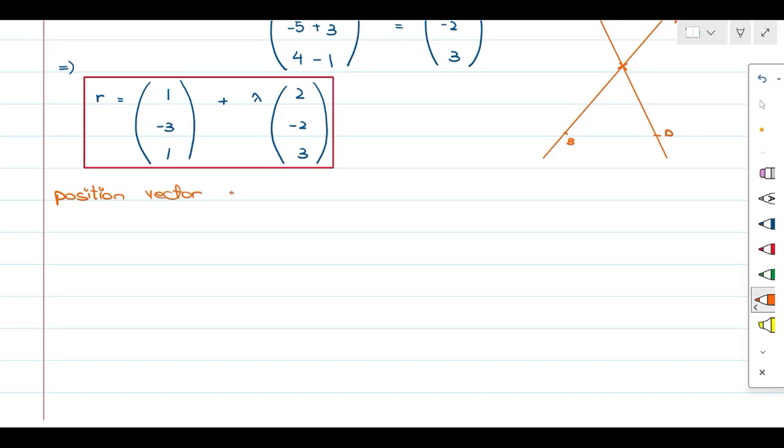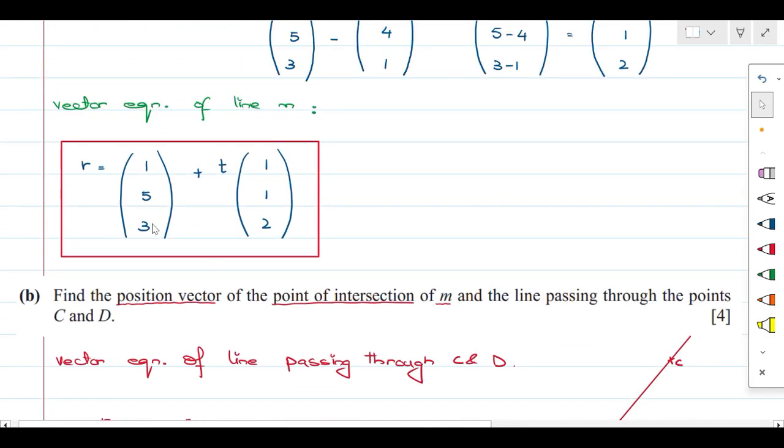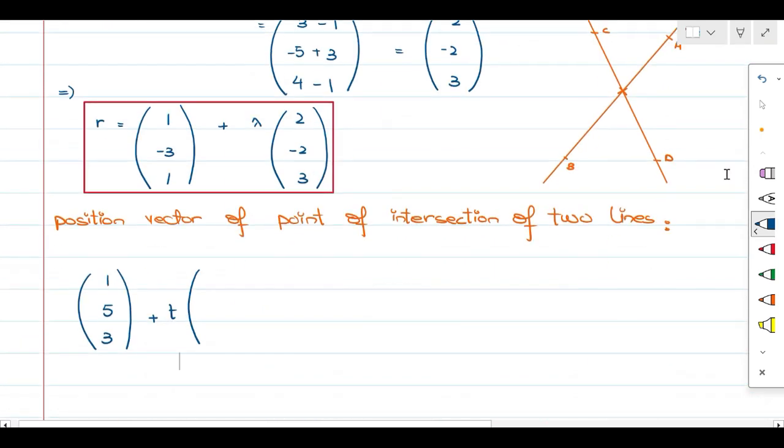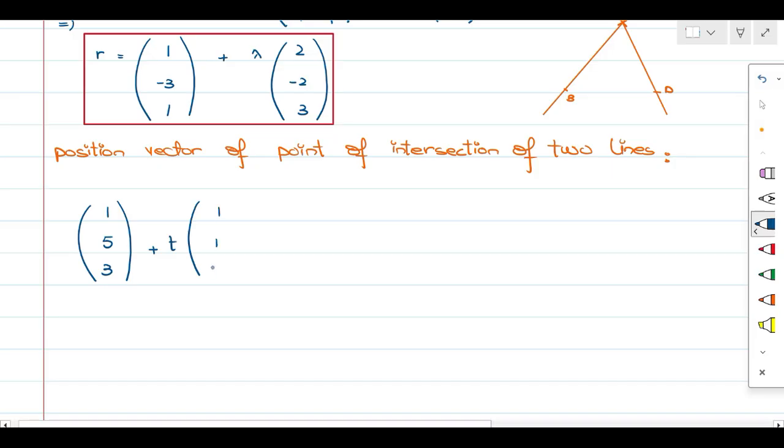So here we can say the position vector of the point of intersection of two lines. Now we have to put both the lines equal, (1, 5, 3) plus t times (1, 1, 2), yes, (1, 1, 2), this would be equal to (1, -3, 1) plus lambda times (2, -2, 3).